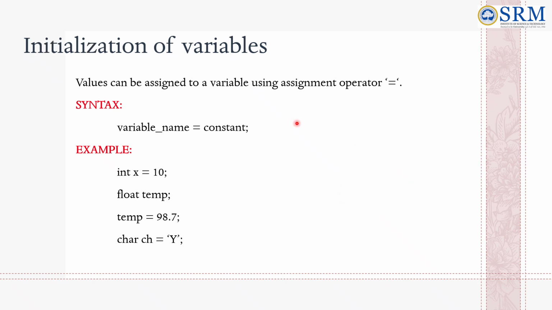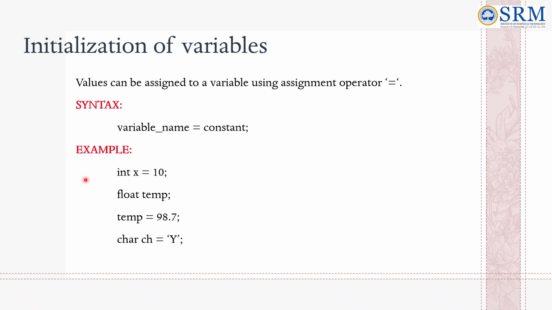Now let's see how initialization of a variable is to be done. Initialization is nothing but the way we give value for a variable. This is done with the help of the operator called assignment operator, which is nothing but equal to. The syntax for initializing the variable is variable name followed by equal to symbol followed by the constant or the value we want to give to the variable, and the line to be terminated with semicolon.